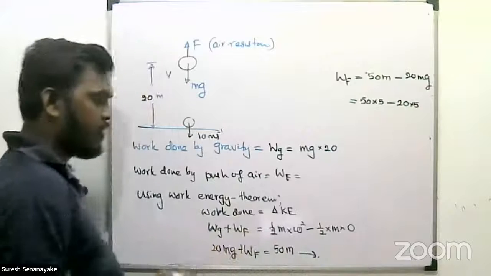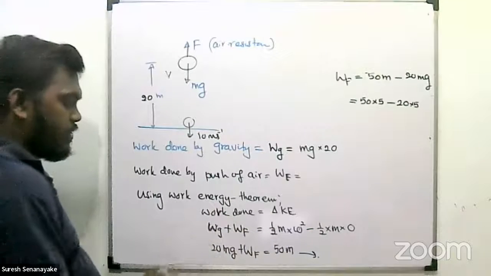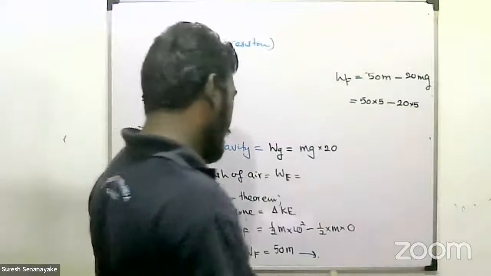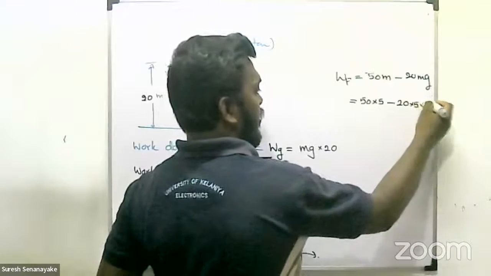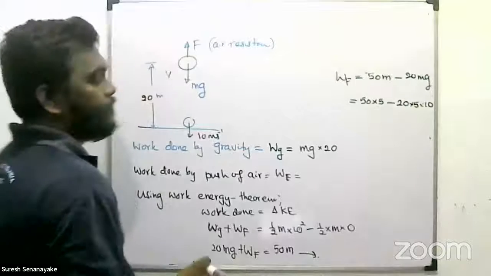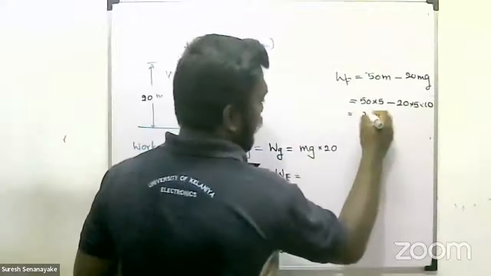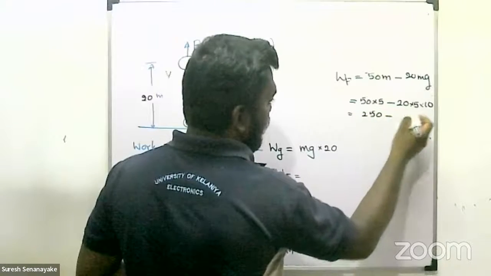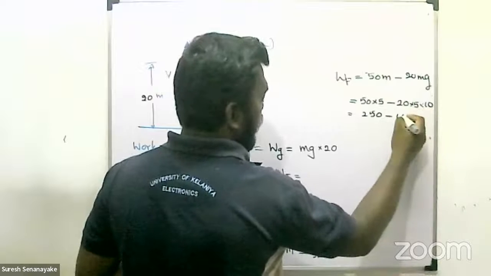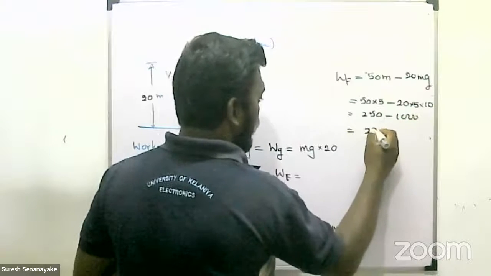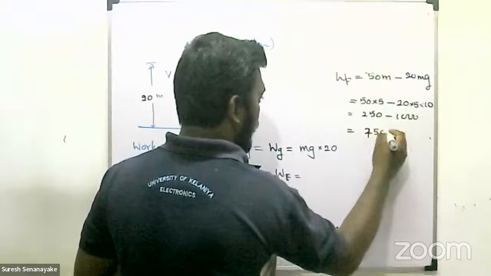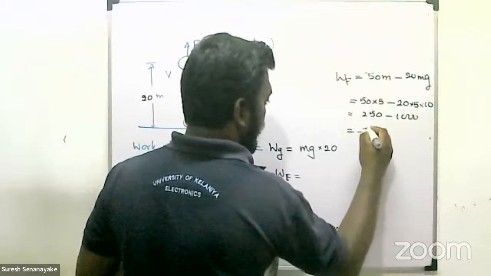Now 20 mgh. mgh, right. 250 minus 1000, that's minus 750 joules.